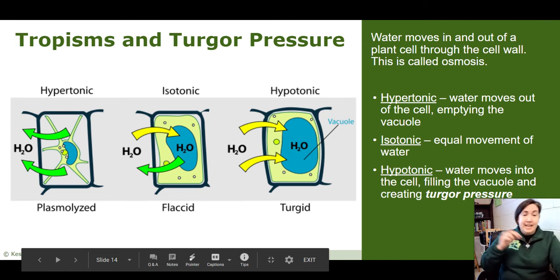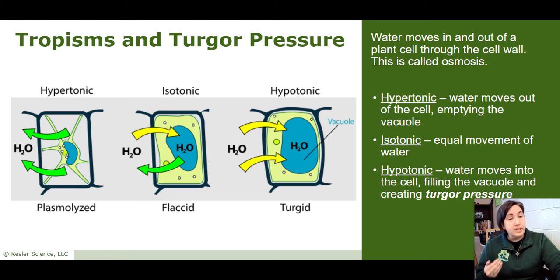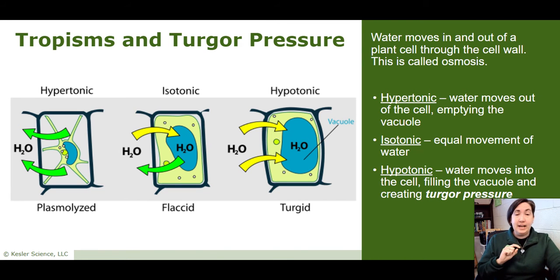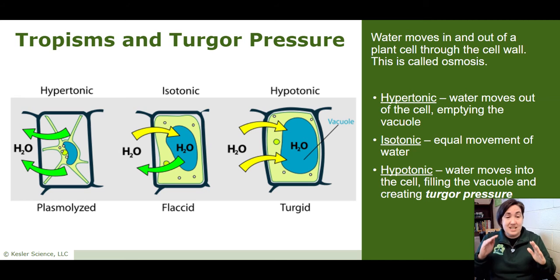Water moves in and out of a plant cell through the cell wall in a process called osmosis. If something is hypertonic, hyper means lots, and water is moving out of the cell, meaning lots of water is moving out of the cell. Isotonic is when iso means even, right?